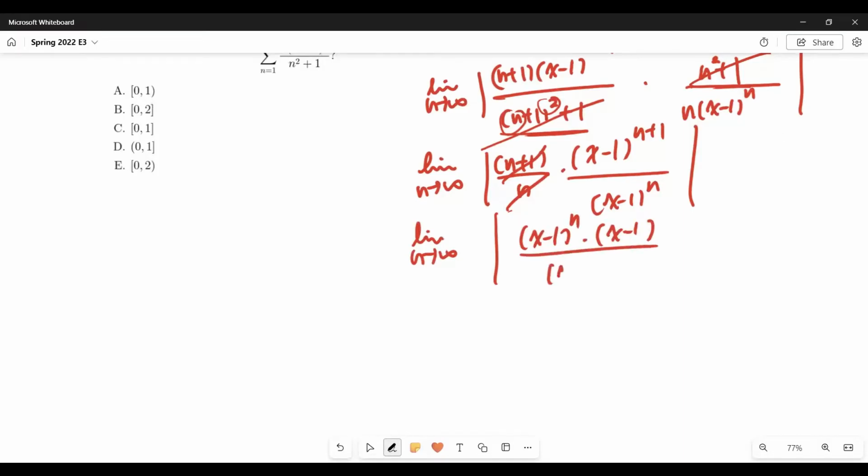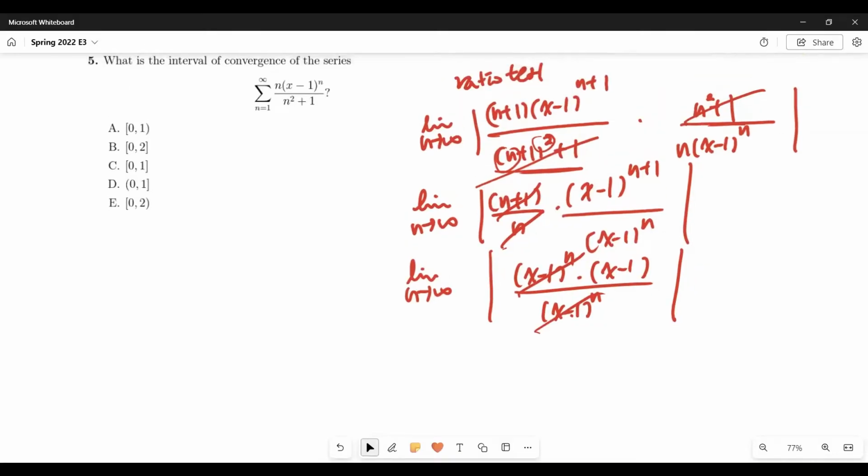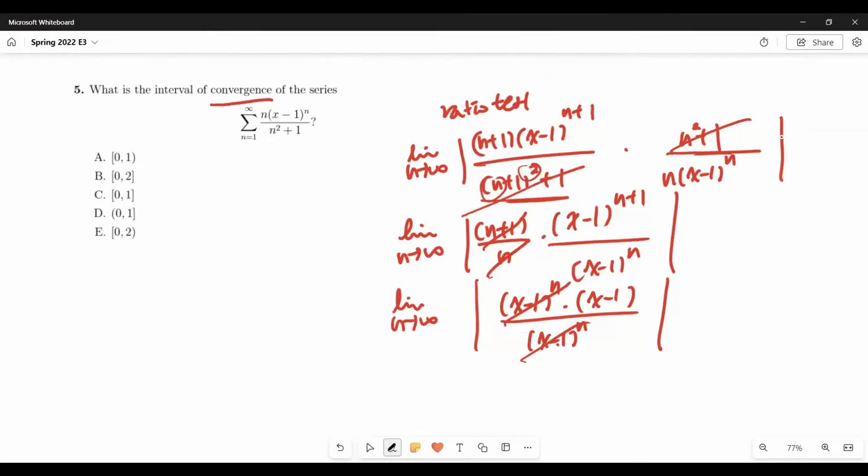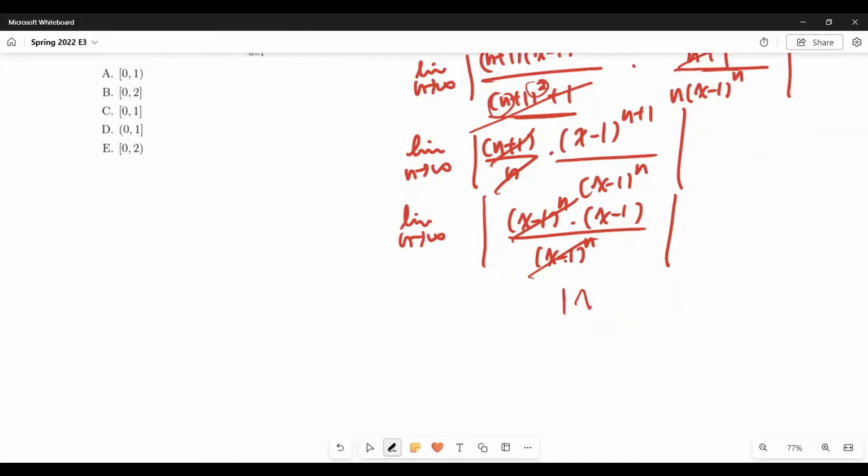I'm writing it this way so I can get rid of the x minus 1 to the n power, because the numerator and denominator have the same value. So I can cancel this out, and then we're left with just x minus 1. But we know that it's converging, so x minus 1 is less than 1. So x minus 1 is between -1 and 1, and x is from 0 to 2.